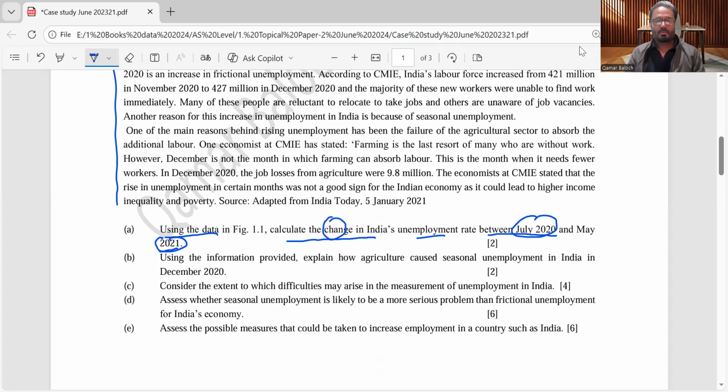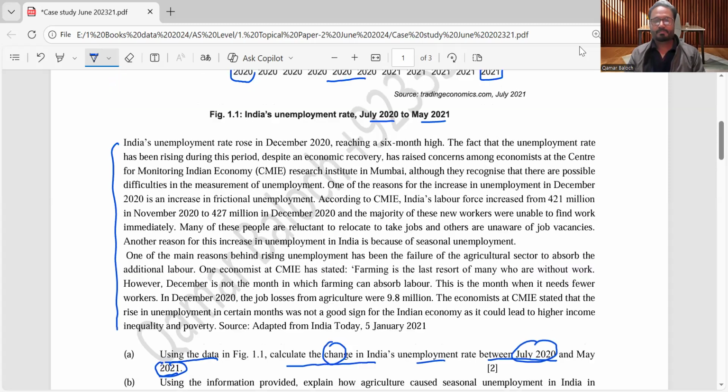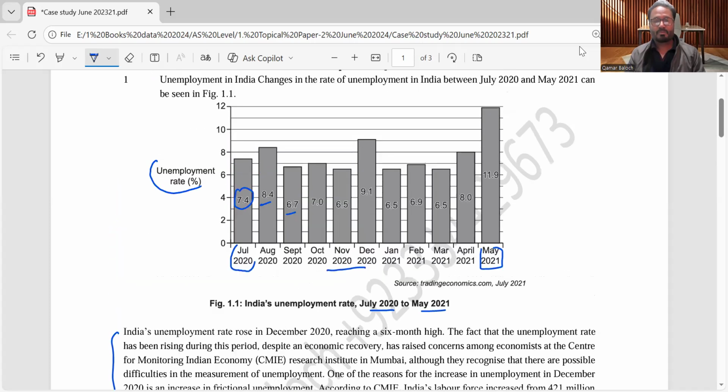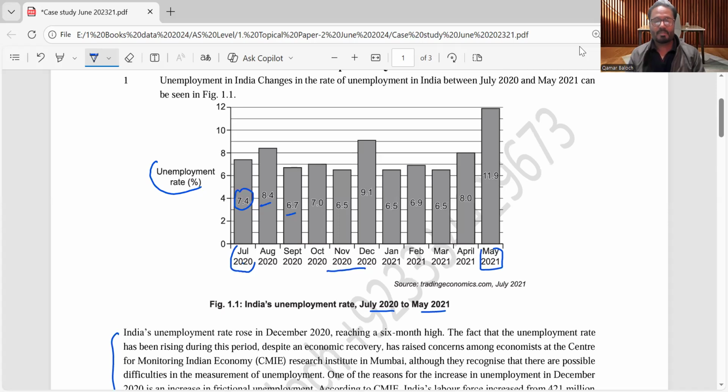We will go back to the given table or diagram. These are the two dates: one is July 2020 and the other is May 2021. In May 2021, we can see that the rate is 11.9%, and in July 2020, the rate is 7.4%.